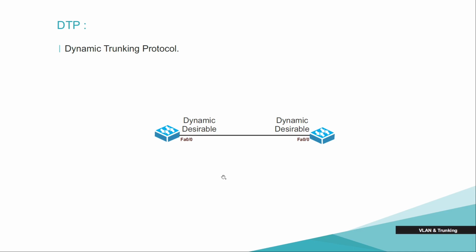So for example, we can configure our switch on the left side with a dynamic desirable configuration on interface FastEthernet 0/0 and do the same thing at the other switch, and the result here will be a trunking port.